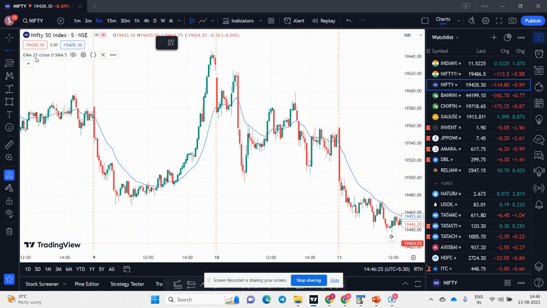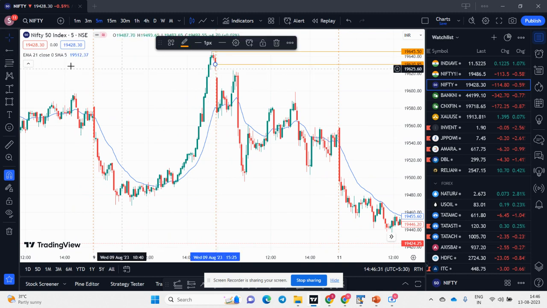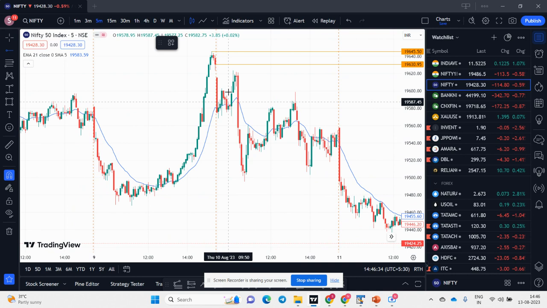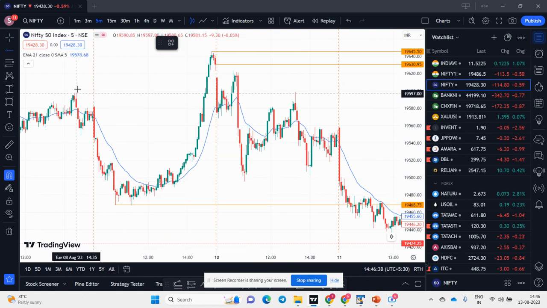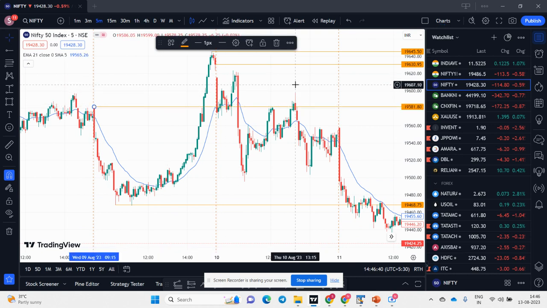So I'm drawing the high, close, low, and open. We've drawn all these four lines, so let's see how the market behaves in this scenario. See, the first candle it opened, it meets both the conditions, right?